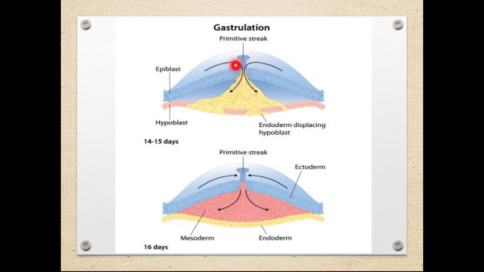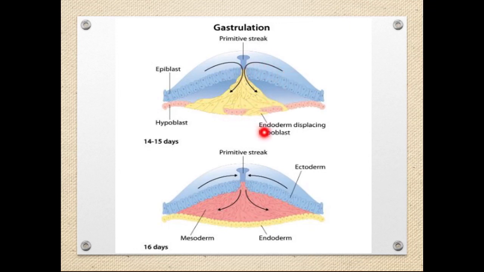It shows the movement of a few of the epithelial cells which have lost their adhesion with each other. They migrate downward through the primitive streak to form mesoderm and endoderm. And the remaining part of the epiblast will form ectoderm, right?